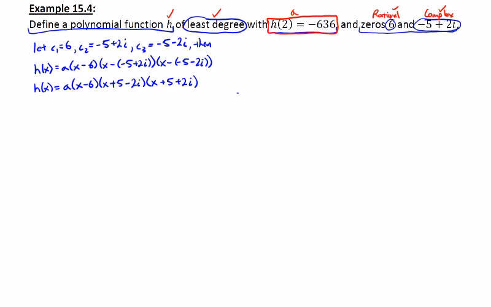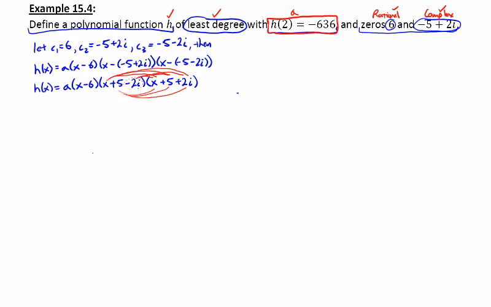To do that, we're going to need to do some distribution. x will multiply with x plus 5 plus 2i. 5 will also multiply with x plus 5 plus 2i, and negative 2i is also going to multiply with x plus 5 plus 2i, giving us a grand total of 9 distributions.